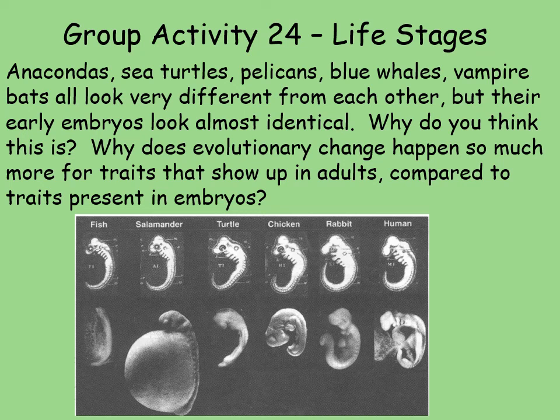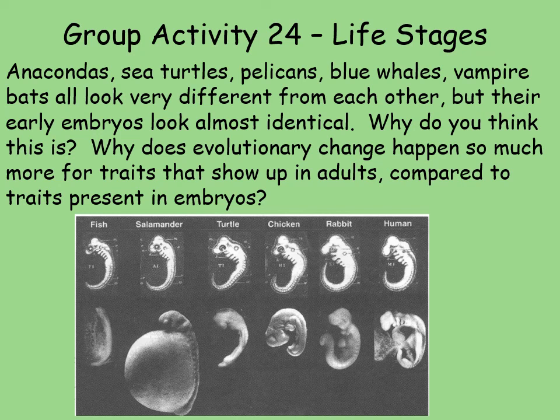So here's your discussion for today, and I want you to think about this. I've kind of brought up this point a few times, but I didn't give a thorough explanation for it, so I want you to think about this on your own. If you look at different groups of vertebrates, like anacondas, sea turtles, pelicans, blue whales, vampire bats, as adults, they look very different from each other, but their early embryos are almost identical.